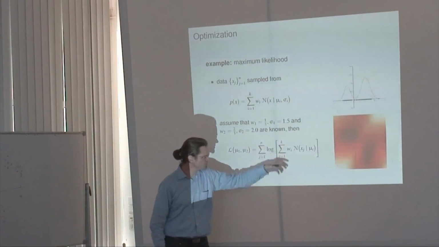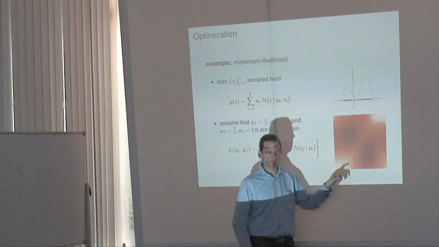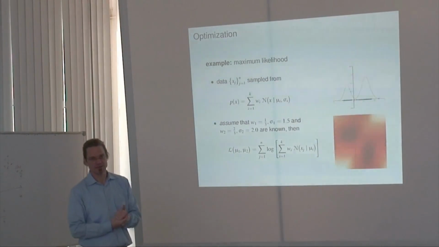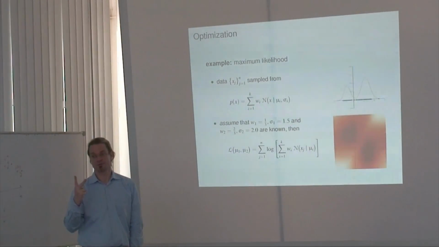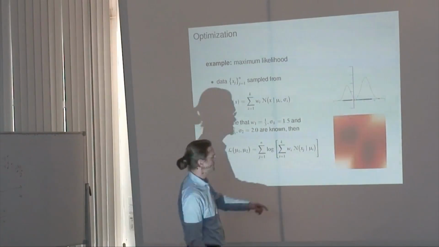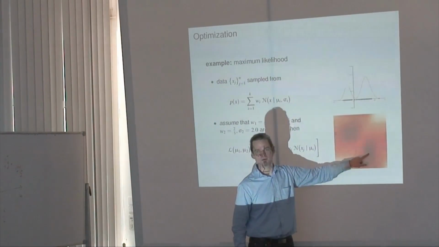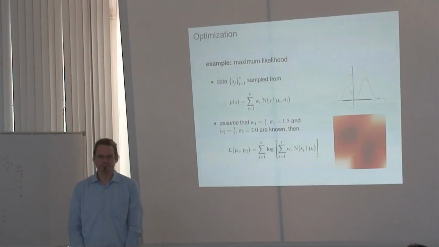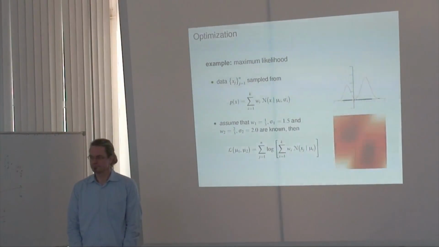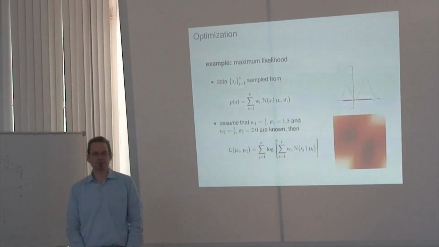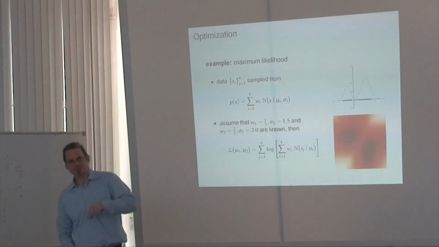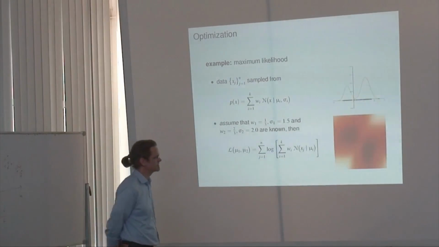If I actually compute this for every pixel in this picture, this gives us an impression of how that function looks. And it has two minima. One is here, and one is there. Does that make sense? Should that function have two minima? Yes, because the data says that there are two means. Exactly.